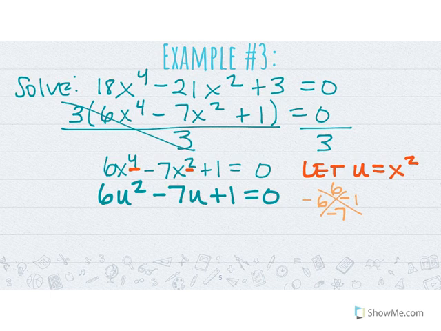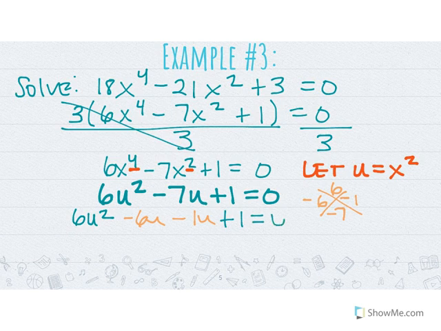So my new b values that I'm going to be plugging in, I have 6u squared, and we're going to use the u just like we would with an x. I have my minus 6u minus 1u, and then we have our plus 1 that we bring down.